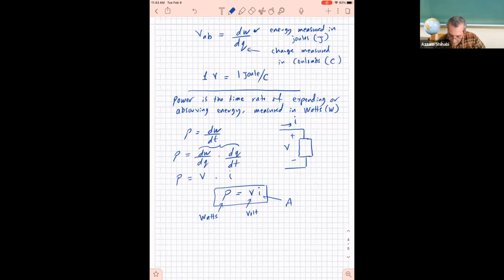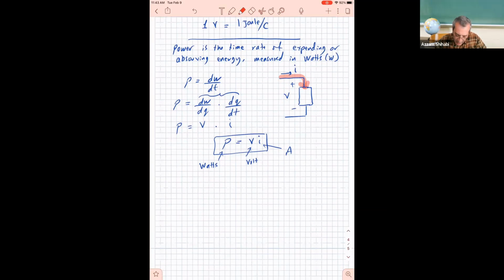This equation is valid only when you have a current flowing into the circuit element from the positive terminal, right? So the current flowing into the device or the element from the positive terminal of that device. Then the power is equal to V times I.